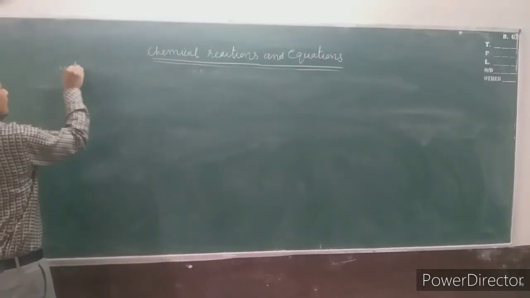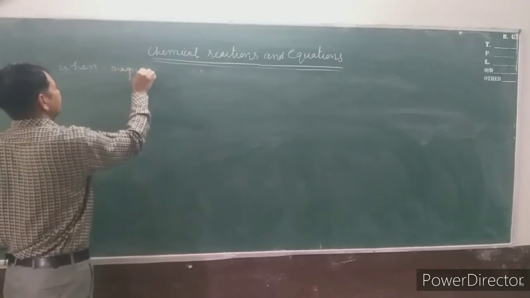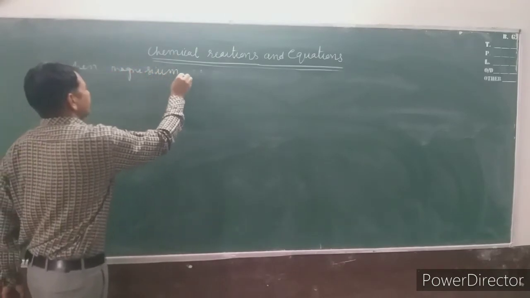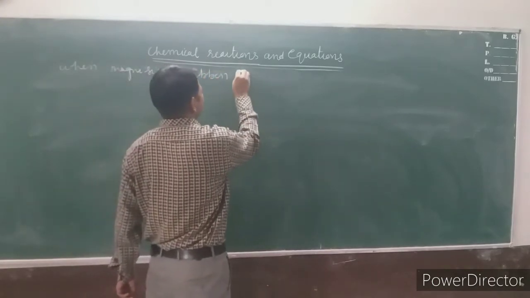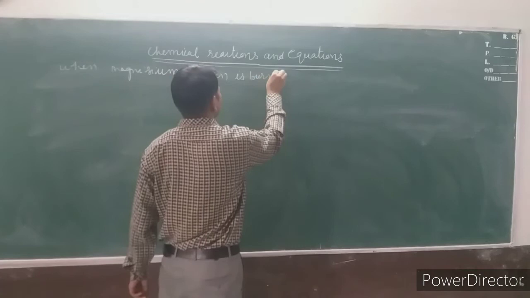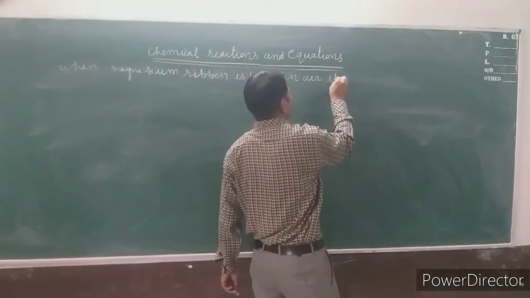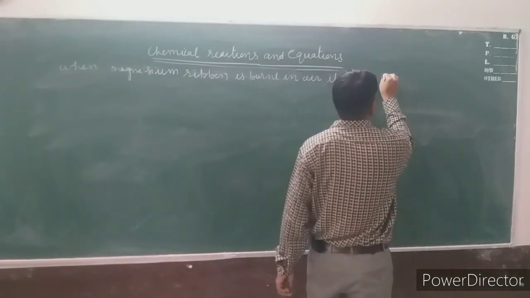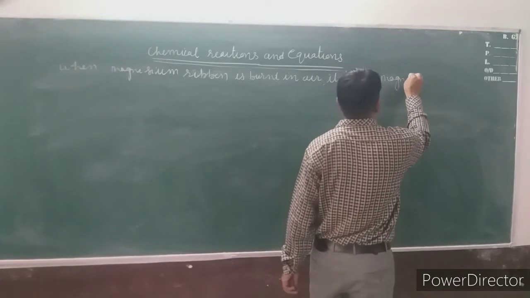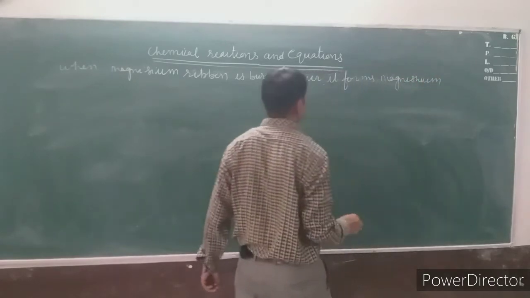Suppose a chemical change is when magnesium ribbon is burned in air, it forms magnesium oxide.